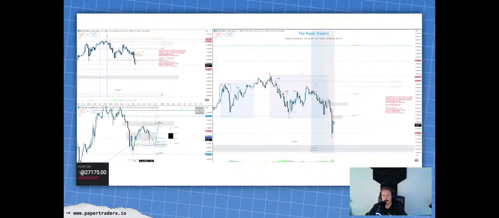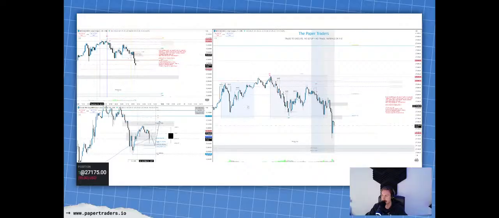So we could reverse back to the downside here. There's that sweep of that previous 5-minute candle low. I might add into it. Add in.